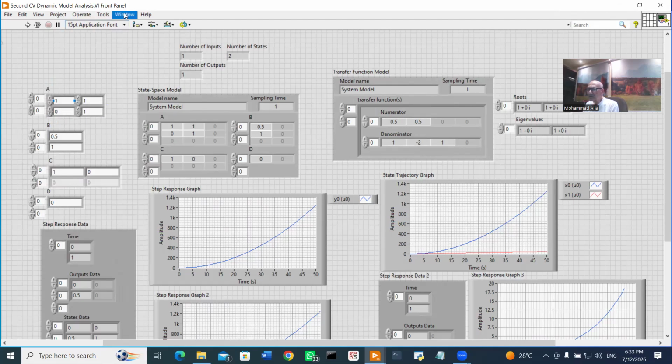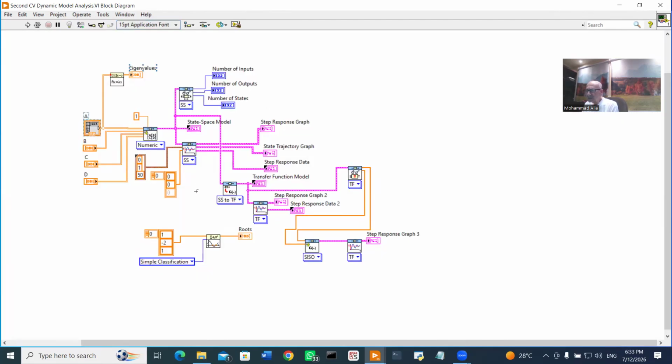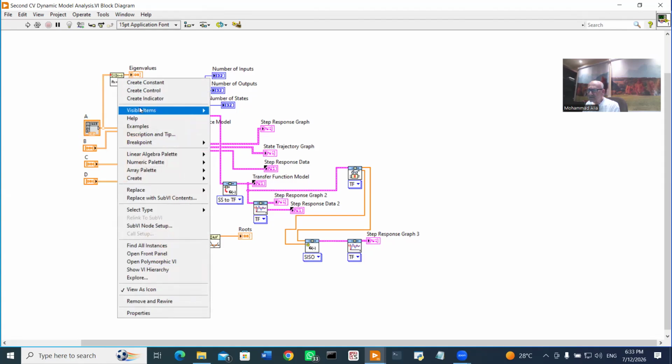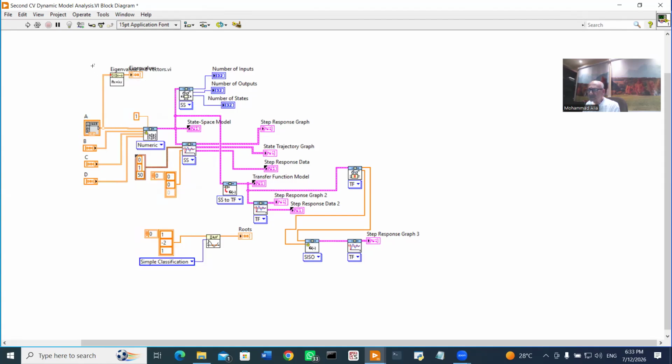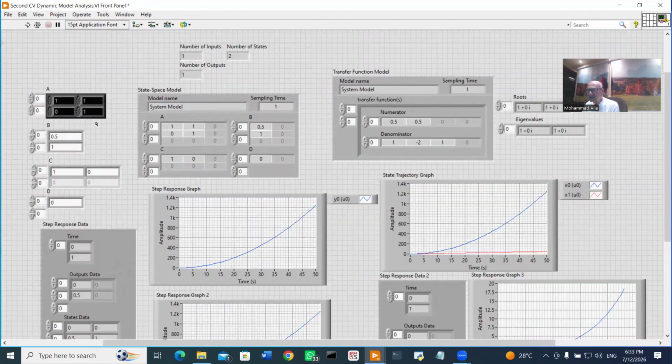If we go now to the block diagram and illustrate what we have, first of all, I have taken matrix A and found its eigenvalues. The eigenvalues should be equal to the first and fourth coefficients. They should be equal to 1, 1.